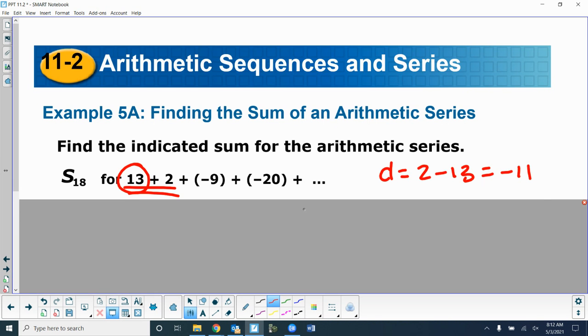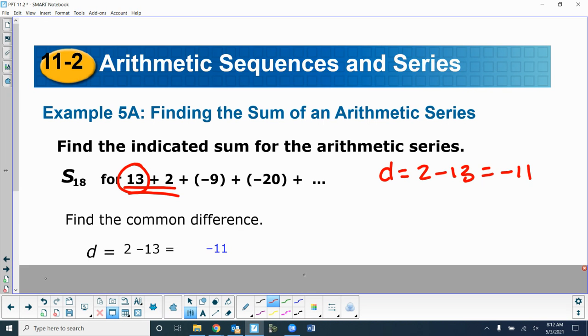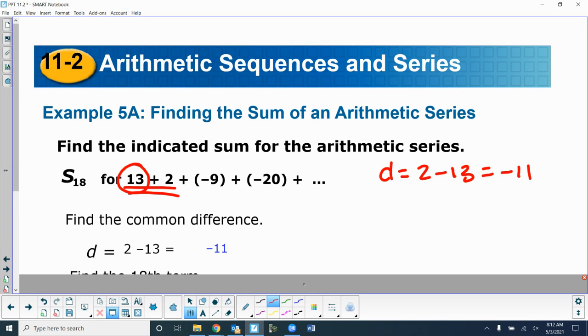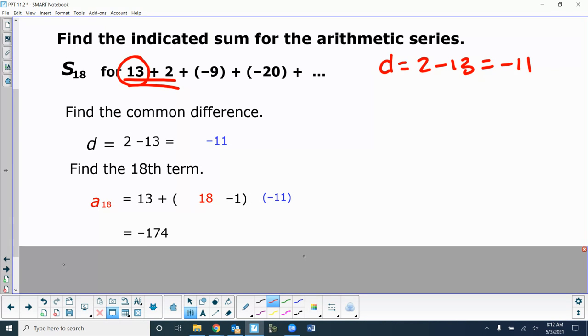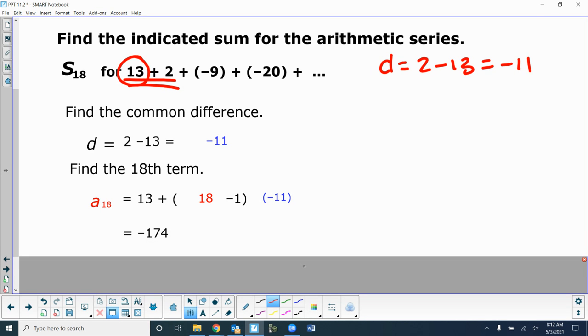I just think that takes more time. So I find the 18th term, so I can put that in the formula, because that's the last term. That's just using our formula from earlier: first term plus n minus 1 times d, with n equal to 18. So there's the 18th term.